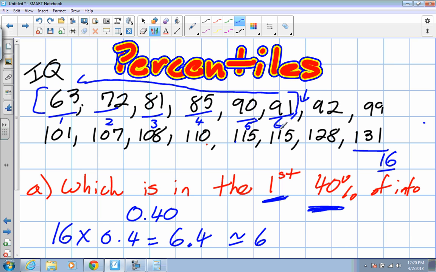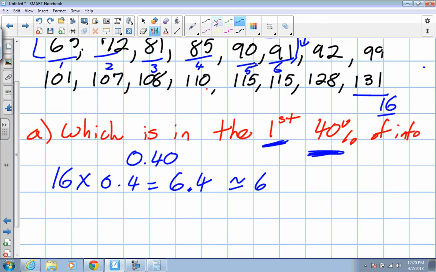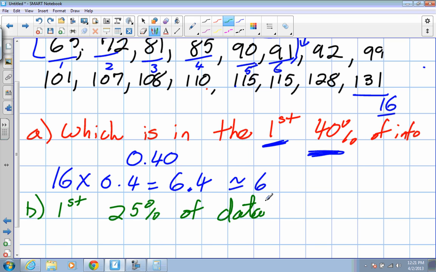So let's say they give us another percentage. For instance, let's say they ask, what is in the first 25% of data? Okay, so let's turn this into a decimal. We know our number is still 16. 25 as a decimal, we divide it by 100, so we get 0.25.